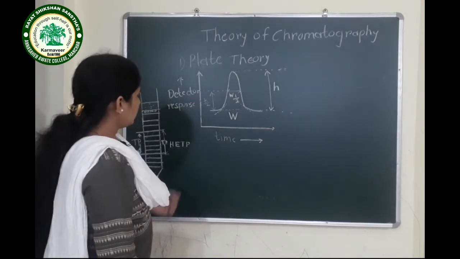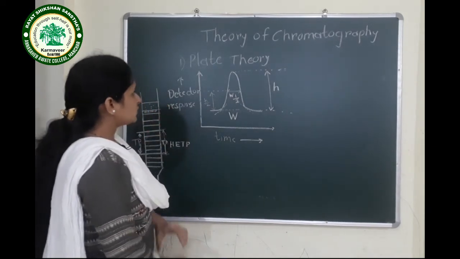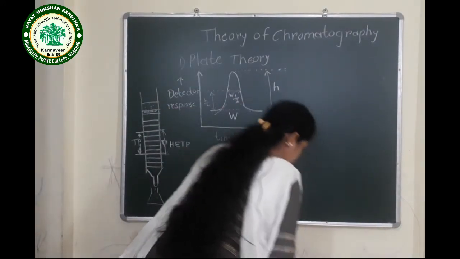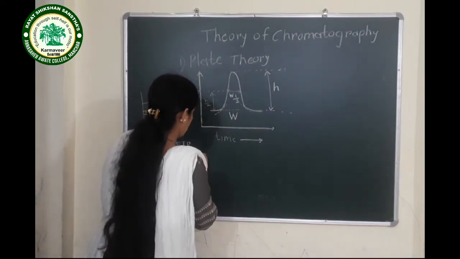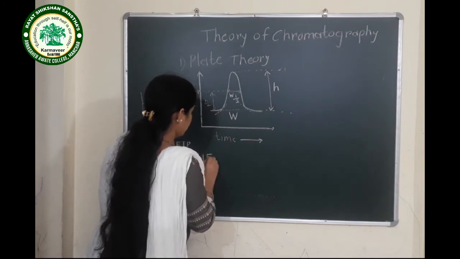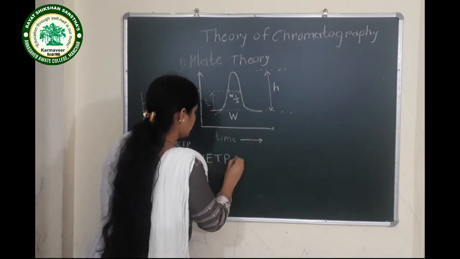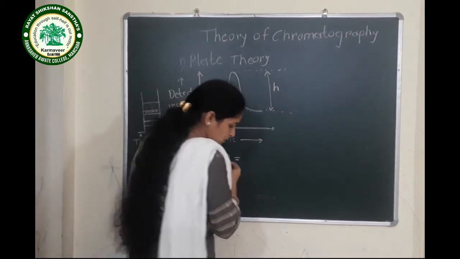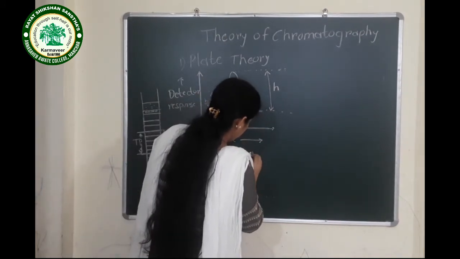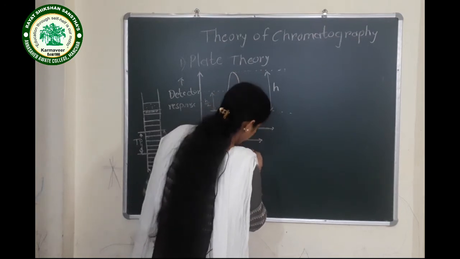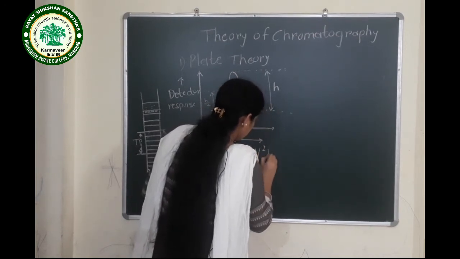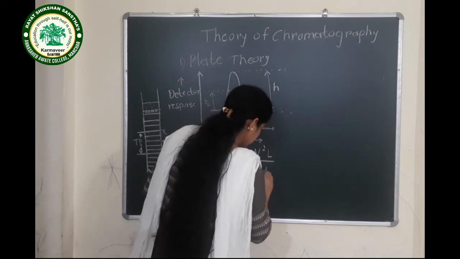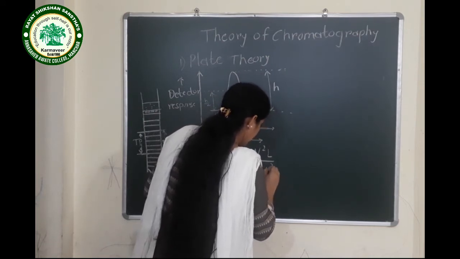Okay. Now there is the equation related to the HTP. Now what is this equation? HTP is related to the W, L and the TR, meaning retention time, by the equation W square L upon 16 TR square.